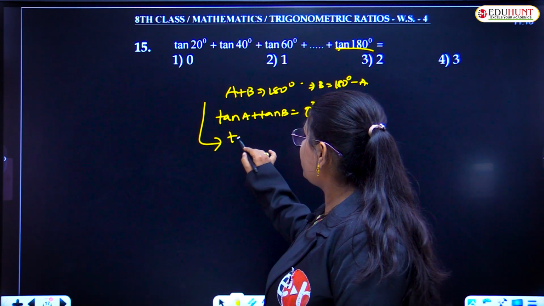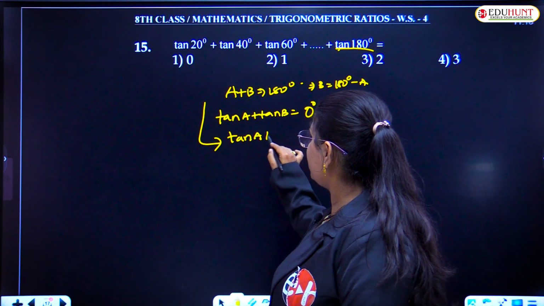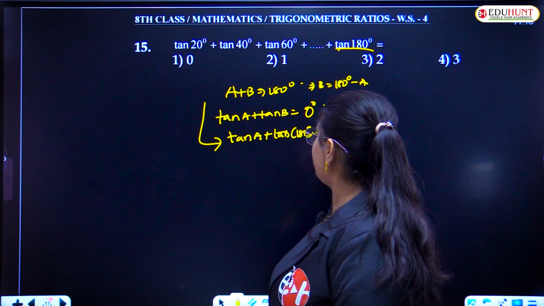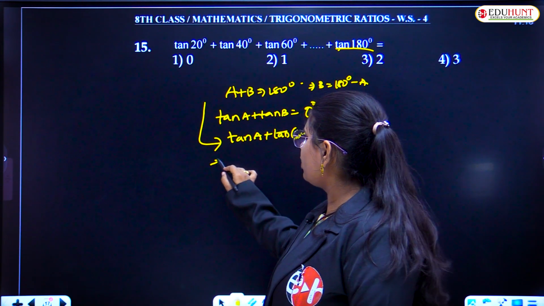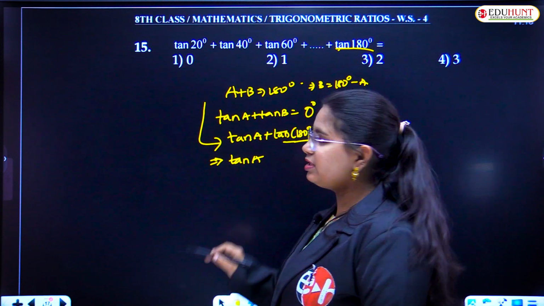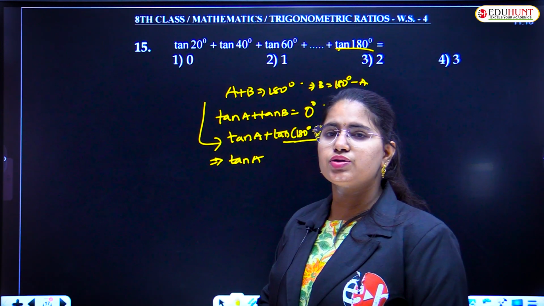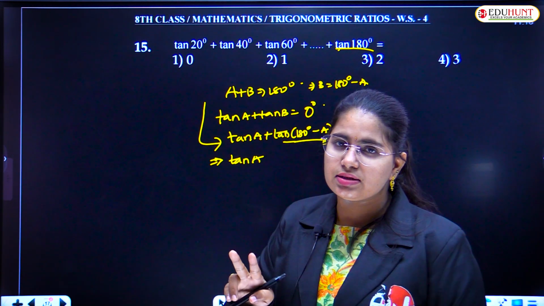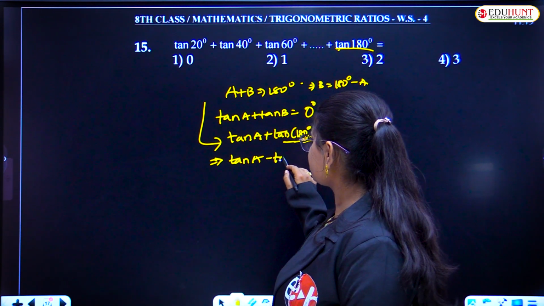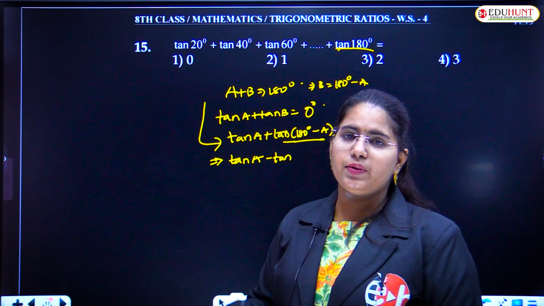So then what we will have? Tan A plus tan B, in the place of B I am just writing 180 degree minus A. So what will I have now? Tan A, tan 180 minus A lies in the second quadrant. In the second quadrant tan becomes negative. 180 is an even multiple of 90.